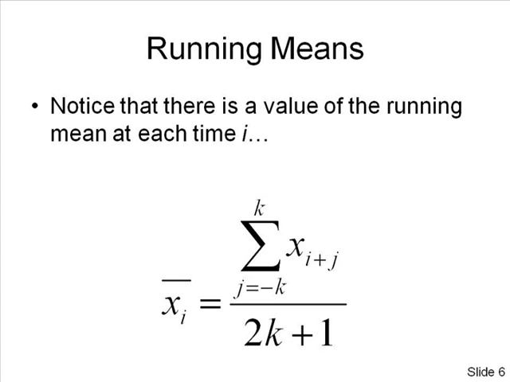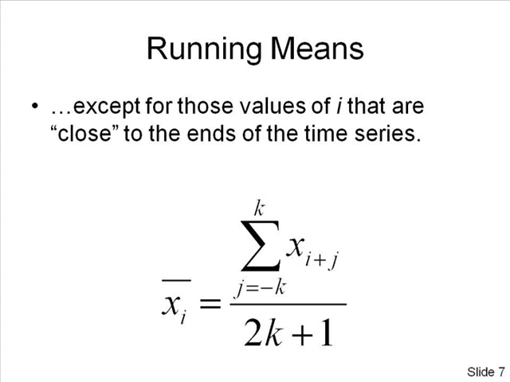You can compute this running mean at every time I, and it works throughout the whole data series, except when you get near the beginning and near the end of the time series. If you're closer than k values to the beginning or the end of the data set, then the running mean becomes undefined. There isn't an I minus kth observation because that's before the start of the data.